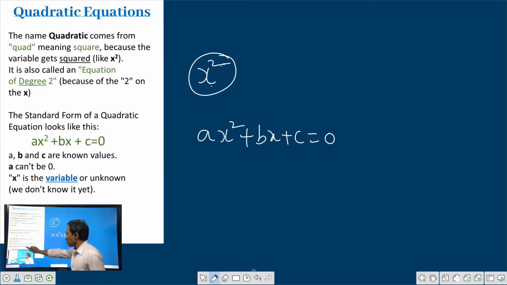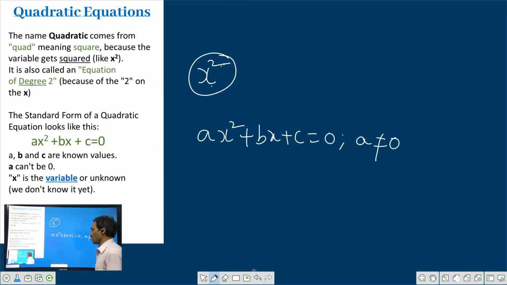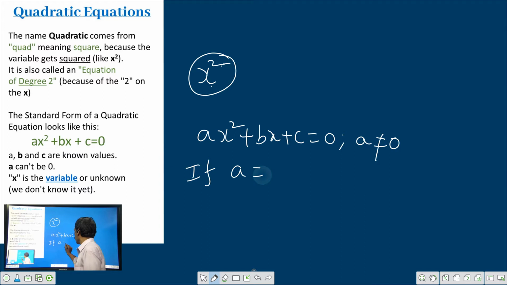Once again, this is incomplete as it stands, so we have to impose one condition. What is the condition here? a cannot be 0. This is important. a is not equal to 0. Why can a not be equal to 0? Let's see what happens if a is equal to 0.